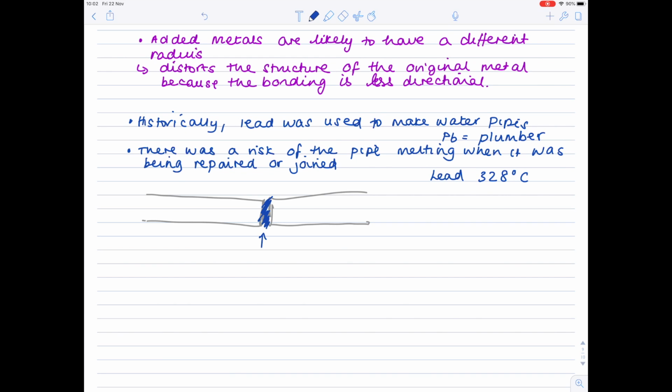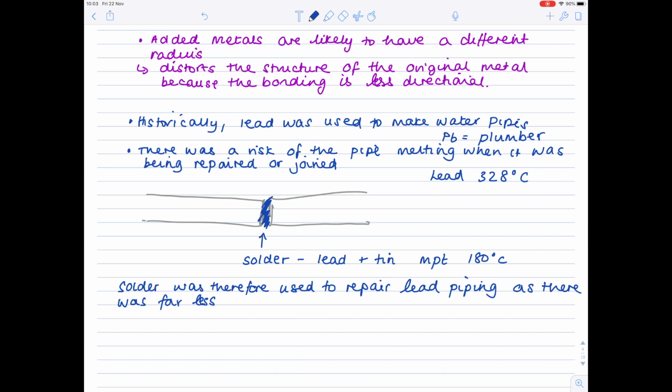They used an alloy, solder, that's the name of the alloy, which contained lead, sure, but it also contained tin. And what that meant was that the solder had a lower melting point, and therefore you could securely weld together those lead pipes without any risk of melting the original pipe. So solder was therefore used to repair lead piping, as there was far less risk of melting the pipes due to the lower temperature needed.